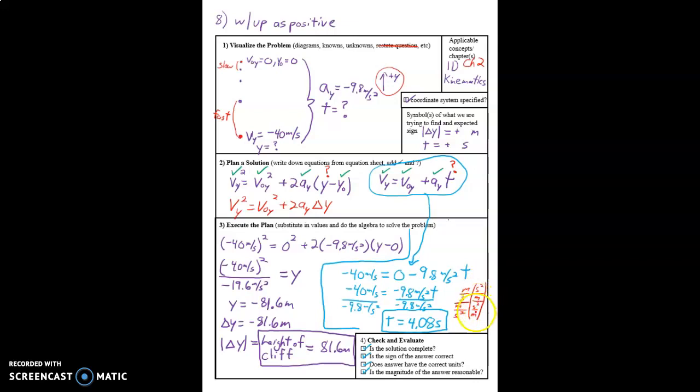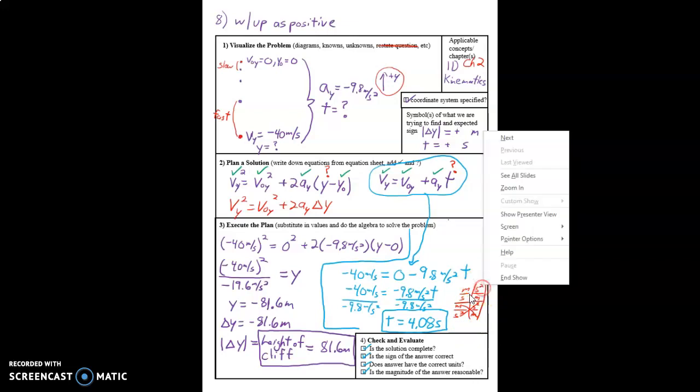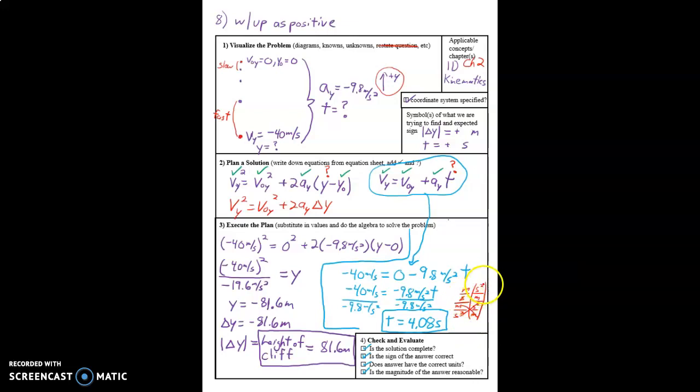Second squared over second squared over meters is 1, and then this part cancels, and then that cancels with one of those, and meters cancels, and that leaves us with seconds. So the units are correct, and the magnitude is reasonable.